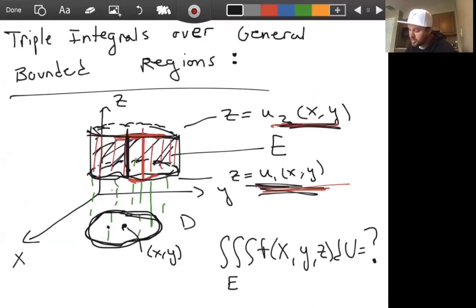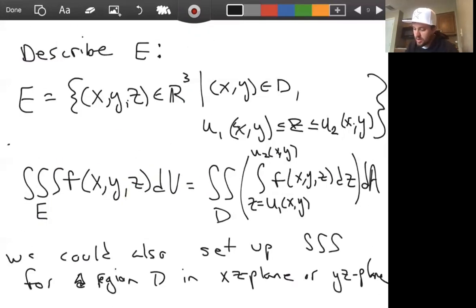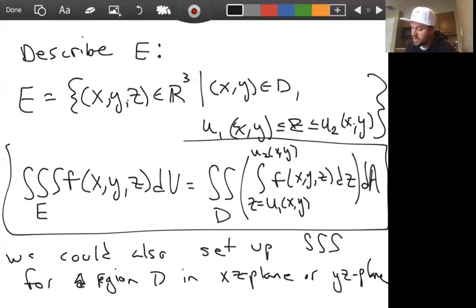Here we set this up with a region D in the xy plane, but there are two other coordinate planes that we can consider, and that means there are two other ways that we could consider a triple integral over a generalized region, right?